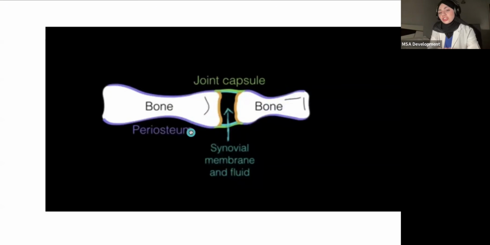So what they do is have a surrounding capsule that contains a synovial membrane that secretes fluid. Now, overlying this synovial membrane is the joint capsule. This green right here is the joint capsule, which is essentially just fibrous tissue wrapping the joint from the outside and protecting the synovial membrane.